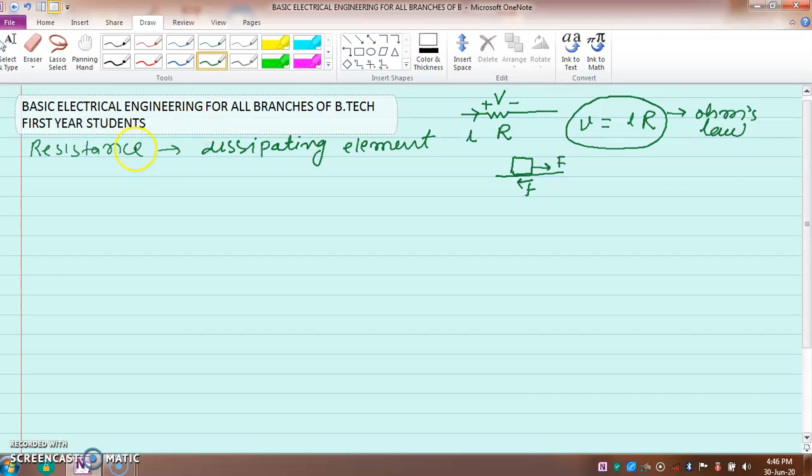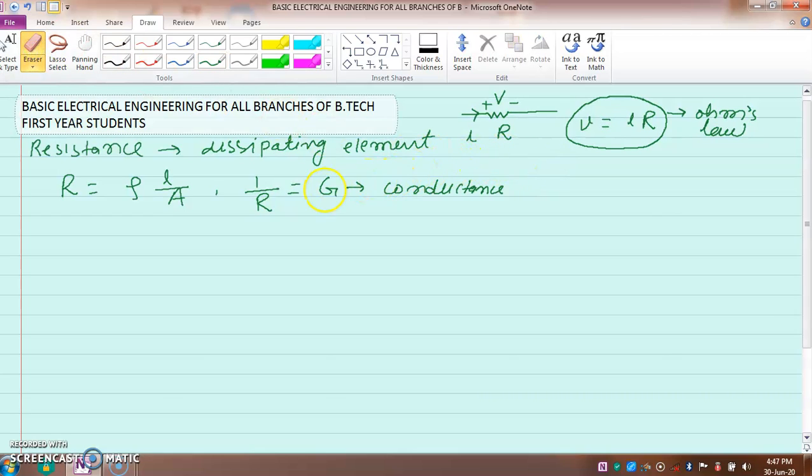Another terminology for resistance: resistance equals rho L by A, and 1 by R is called G, which is called conductance.